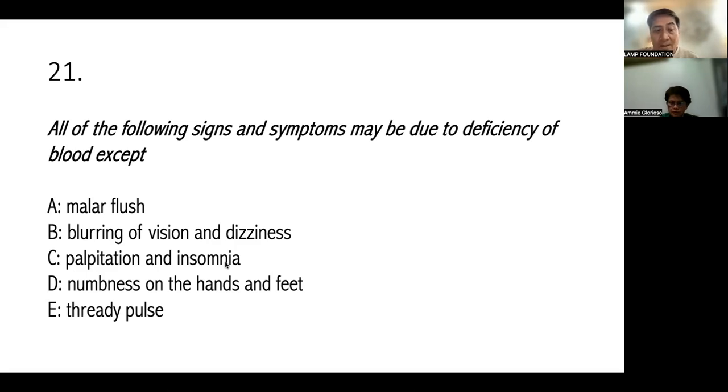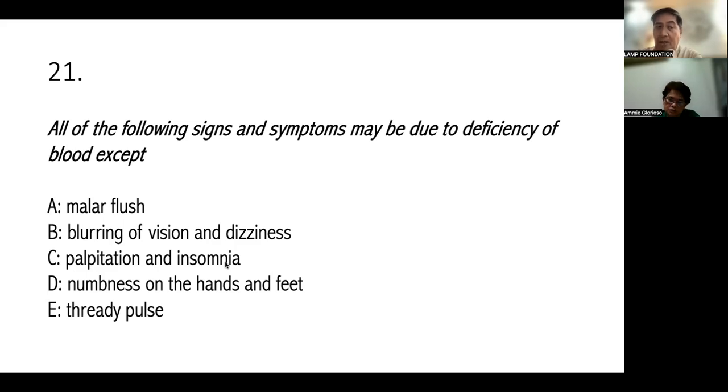Yes. So how do you explain the insomnia here? Heart blood is supposed to be the residence of the Shen, the spirit. So, pag kulang ka sa heart blood, walang bahay si Shen. So you become restless, you cannot sleep. That's why people with blood deficiency find it difficult to sleep.